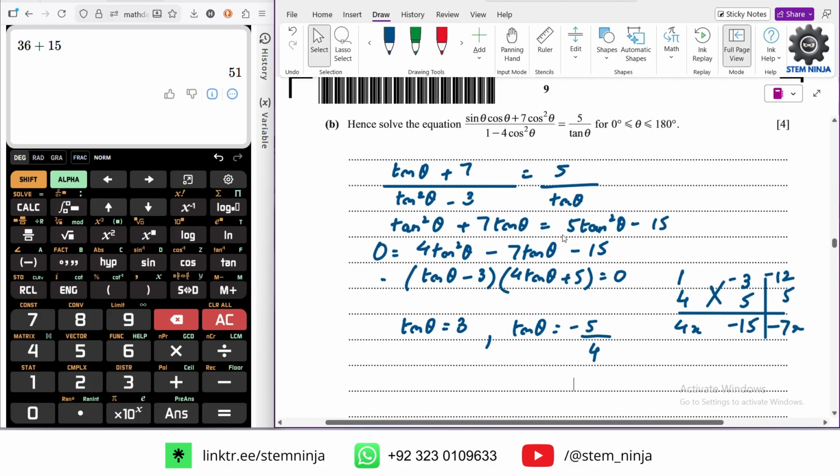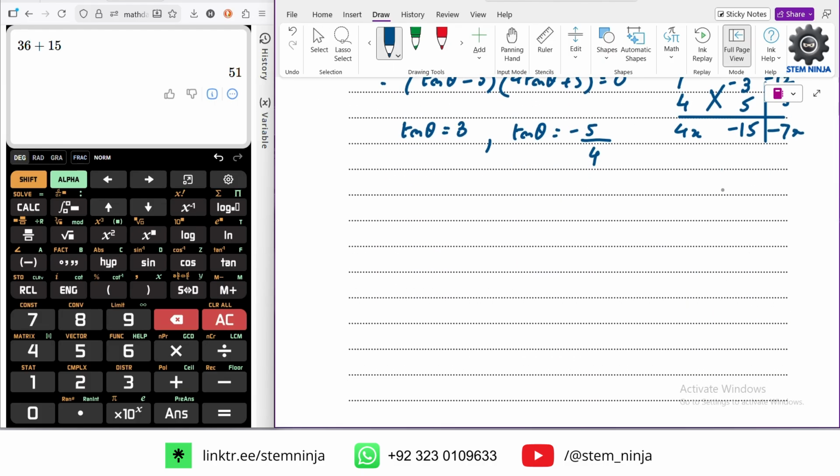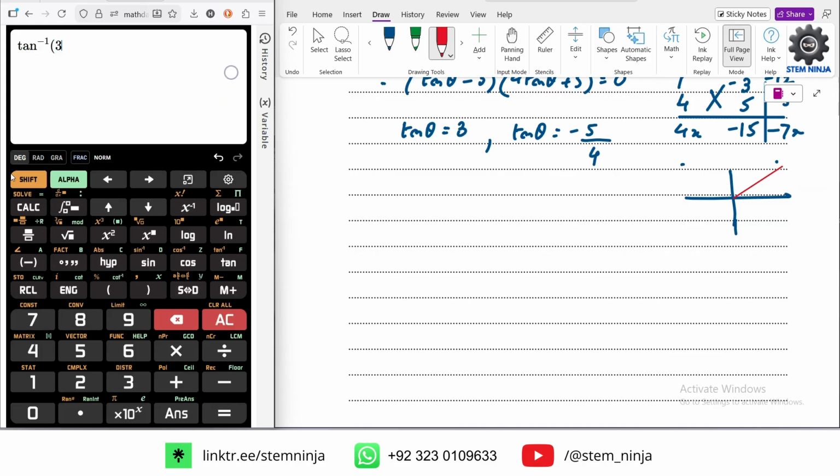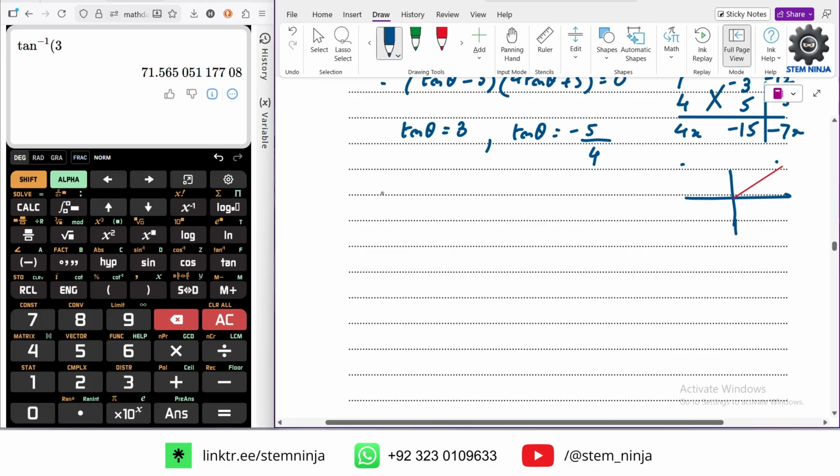Okay, so from 0 to 180 degrees. If we do this with the CAST diagram, tan is positive in this one and negative in this one. So tan is equal to 3, tan inverse of 3 is 71.6 degrees.